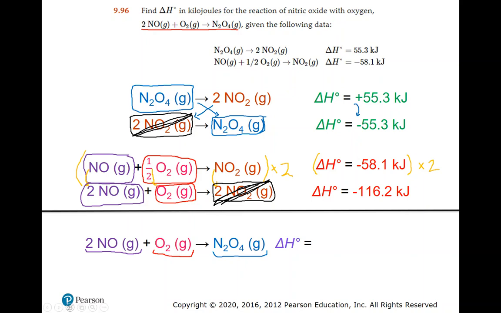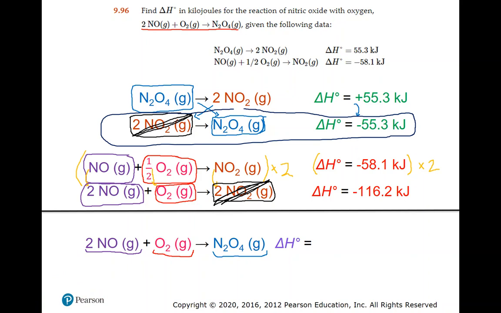And so if we take our modified form of equation 1, which is here, and its associated enthalpy change, and add that to our modified form of equation 2, we'll get the final equation down here.